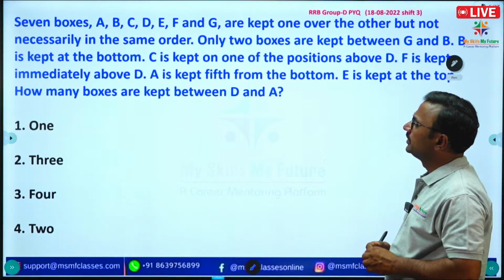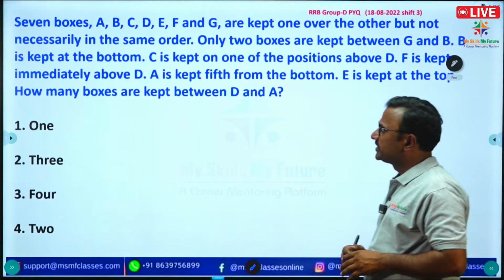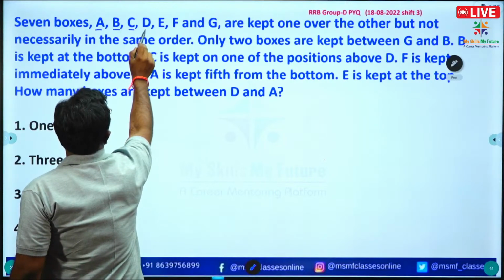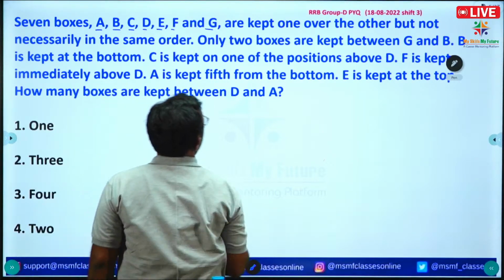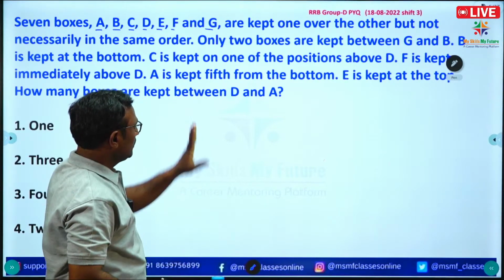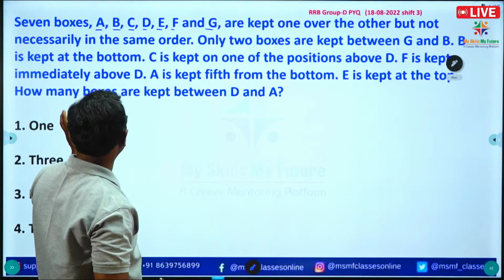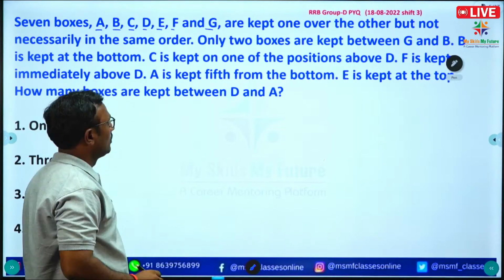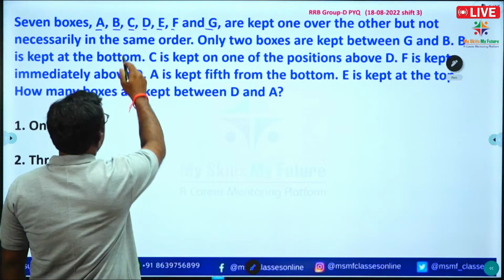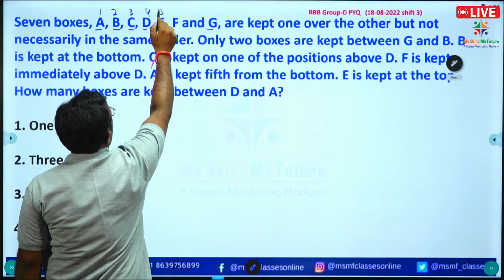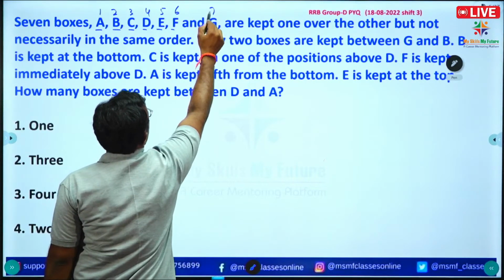See the question here. Some boxes A, B, C, D, E, F, G are kept one over the other but not necessarily in the same order. So A, B, C, D: 1, 2, 3, 4, 5, 6, 7 boxes.